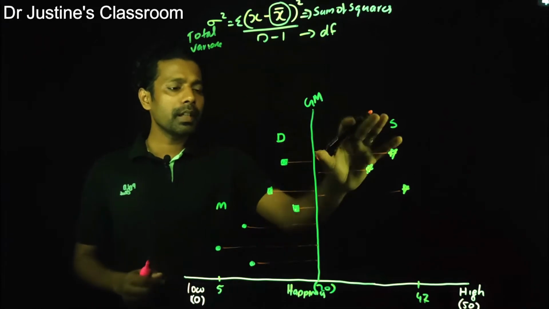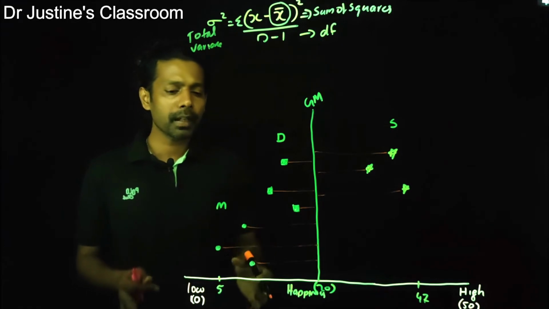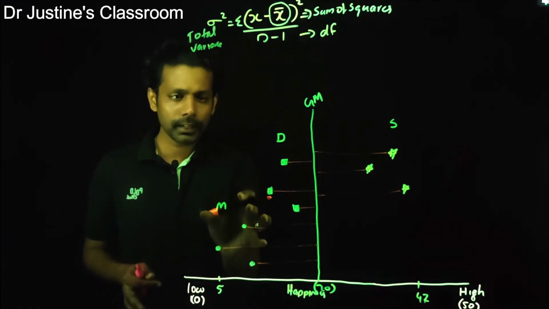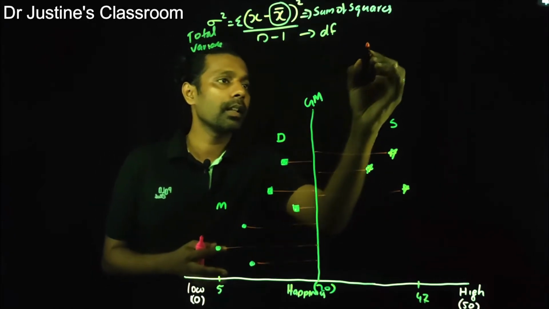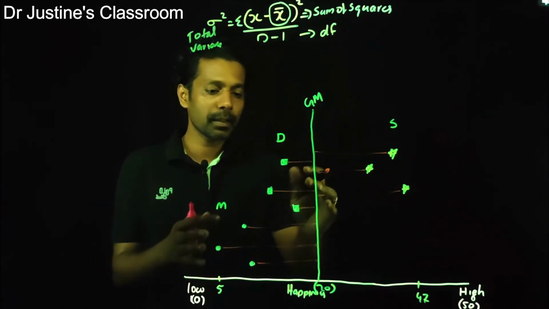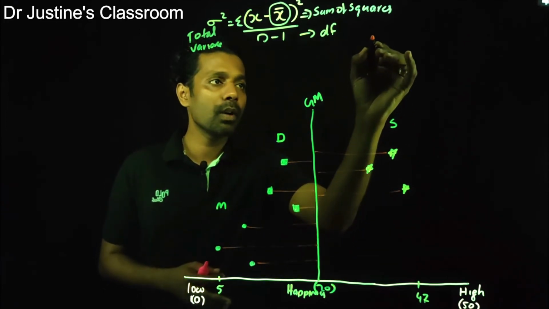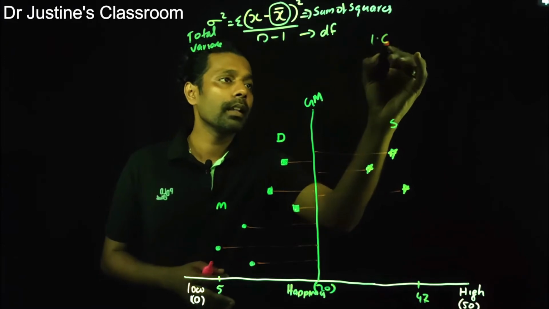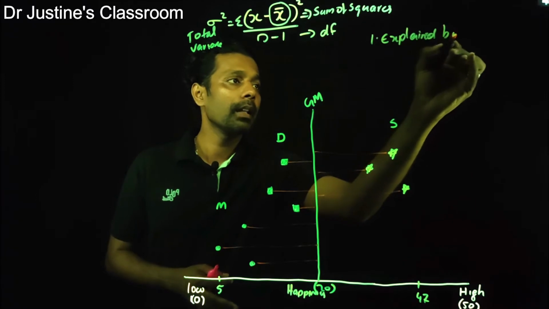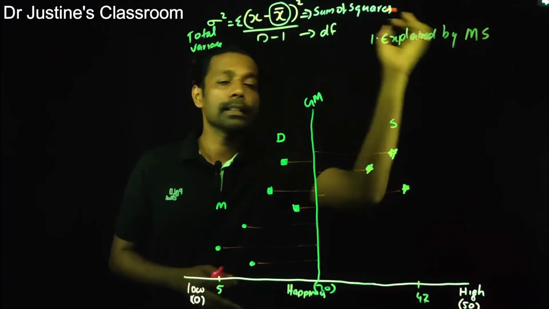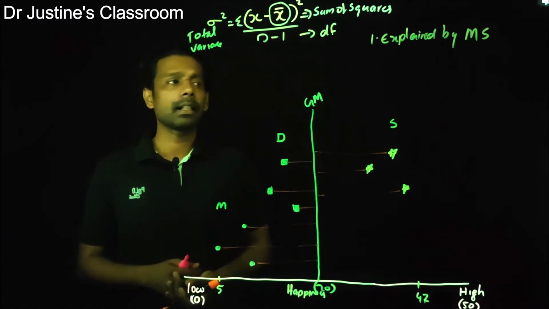So this total variance I'm going to explain based on one primary factor, the factor that I'm aware of. The reason for this much change, this variance in the data, is one reason which can be explained by marital status: married, divorced, or single, like that.